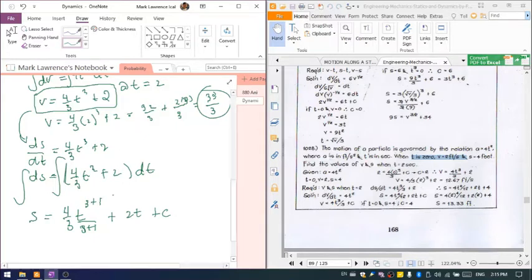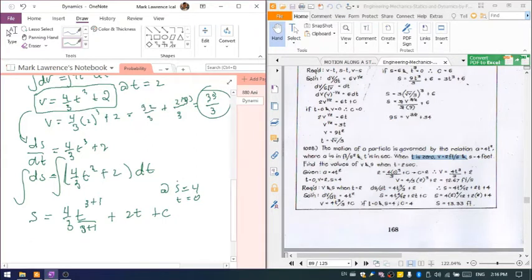So another problem is that we arrive at another value for c. Again, we substitute s is equal to 4 and time is equal to 0. So s is 4, time is 0, so basically c is equal to 4.